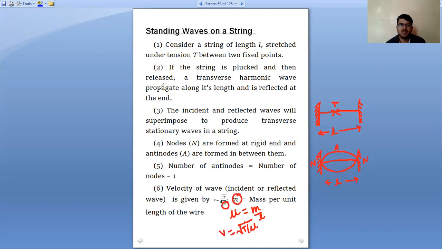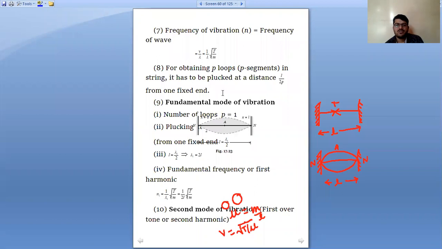Now, understood this part? Yes. Okay, now let's see ahead. So here, frequency of vibration is equal to what? How did you get this? Let me explain. See here, we know the formula v is equal to f lambda.